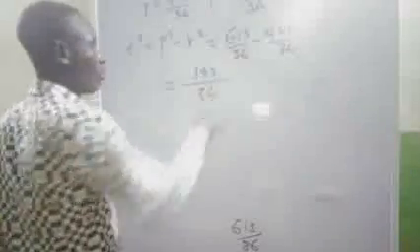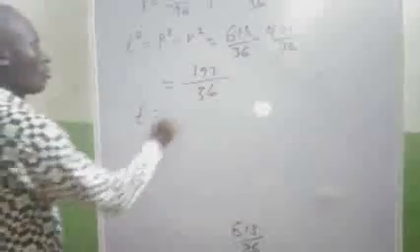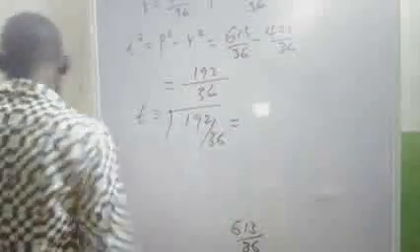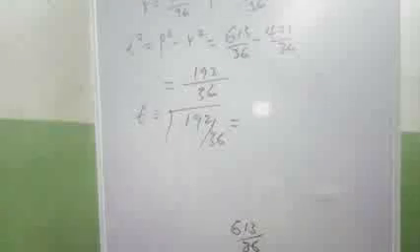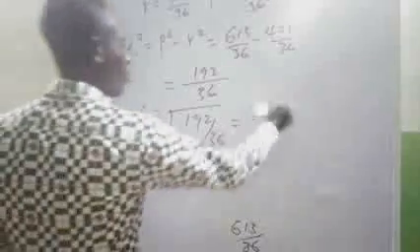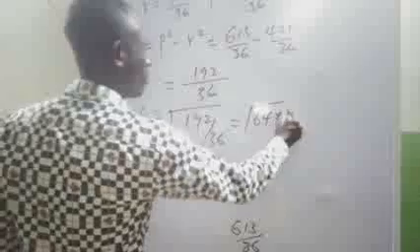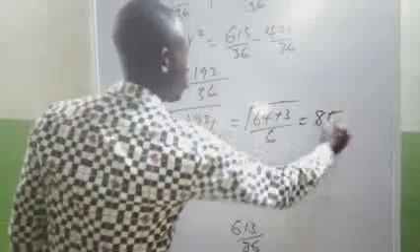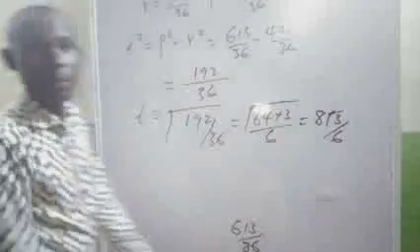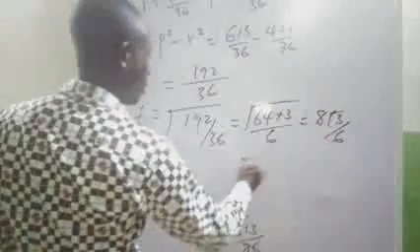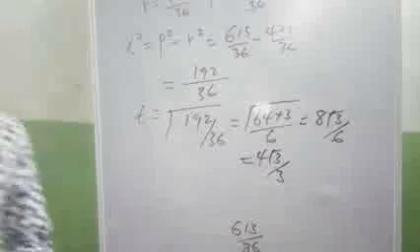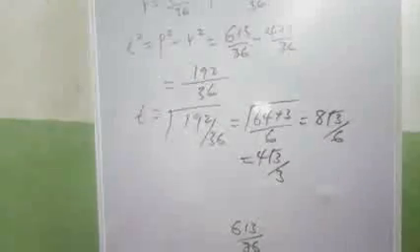So our t is the square root of 192 over 36, and that will be equal to the square root of 64 times 3 over 6, which is 8 root 3 over 6. And if you divide further, that will give you 4 root 3 over 3. So, that is exactly what we get from there.